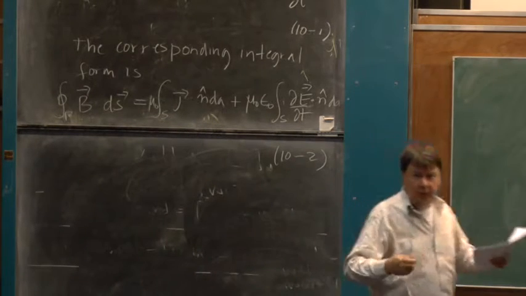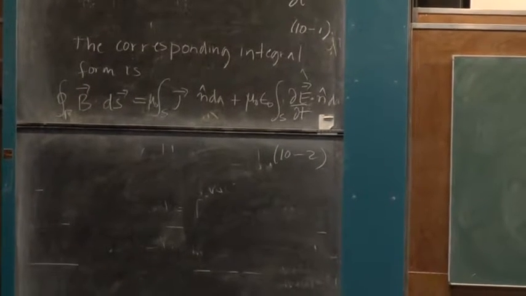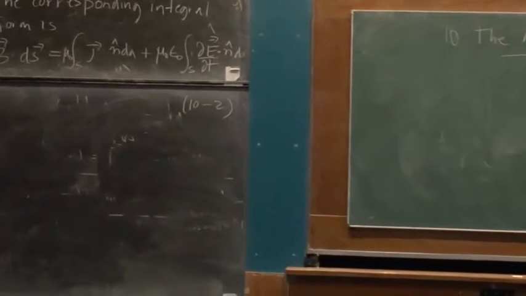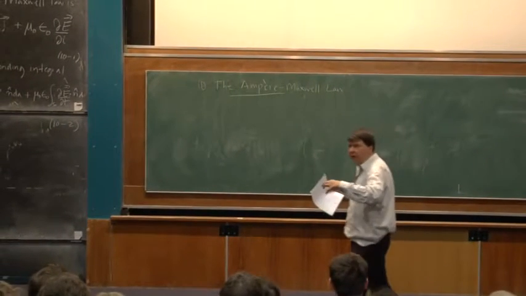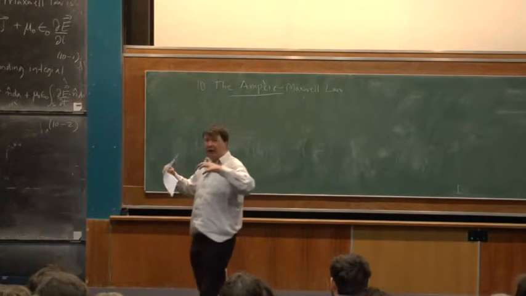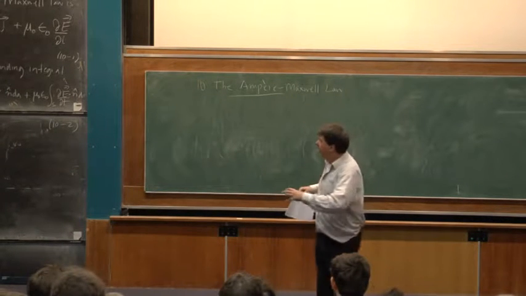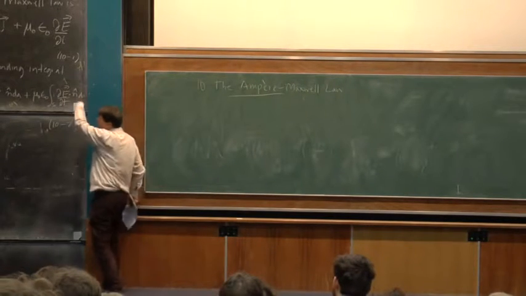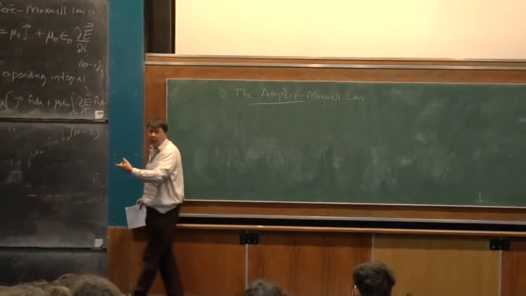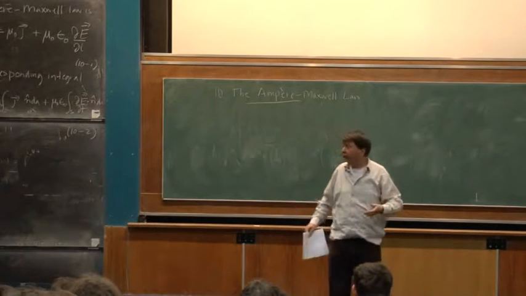And again, we're not here to do history lessons, but it was interesting that historically what happened was all the phenomena of electricity and magnetism got written down as integral equations, and Maxwell abstracted the differential equations from them. Now, the Ampere-Maxwell law was actually discovered as a differential equation, but of course we can go the other way with Stokes' theorem and turn that differential equation into an integral equation.